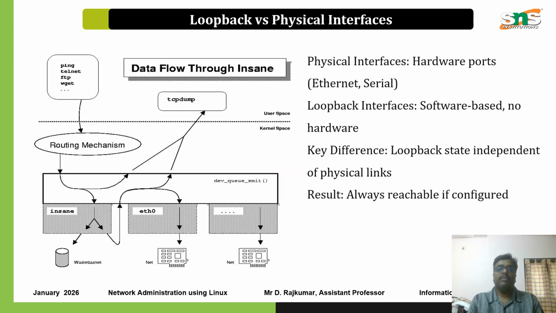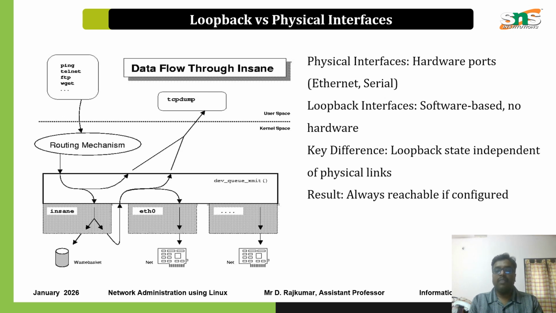So, loopback versus physical interfaces. The physical interfaces have hardware ports like Ethernet ports and serial ports, where the systems are connected using wires. The loopback interface is a logical entity based on software. The software performs the function of an interface sitting between two devices, and it requires no hardware.